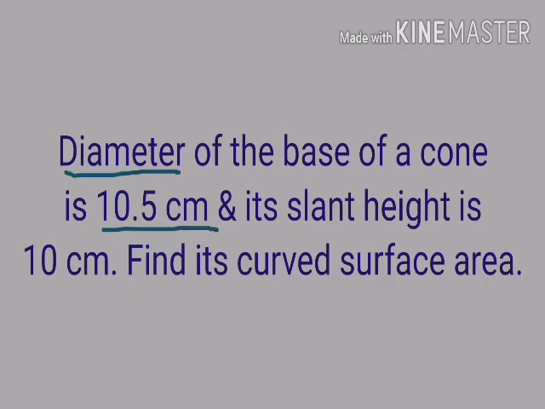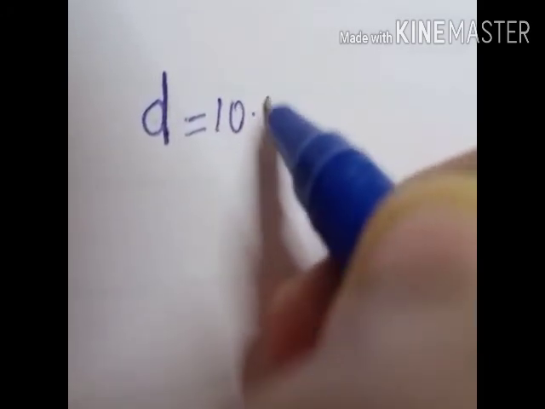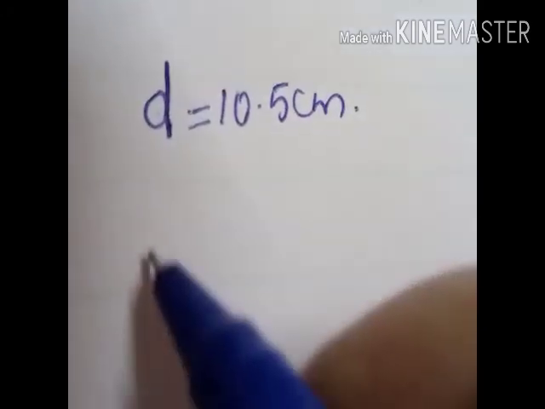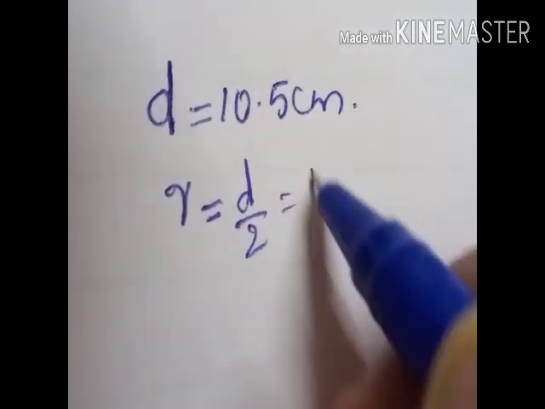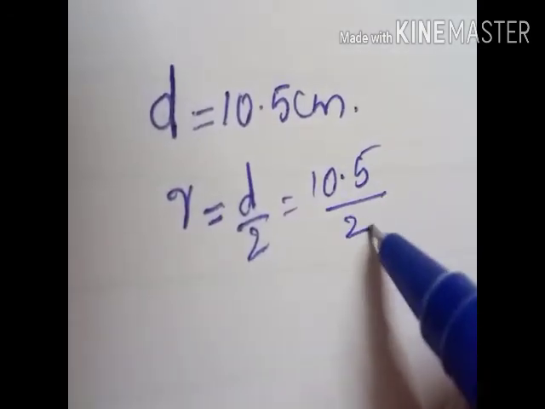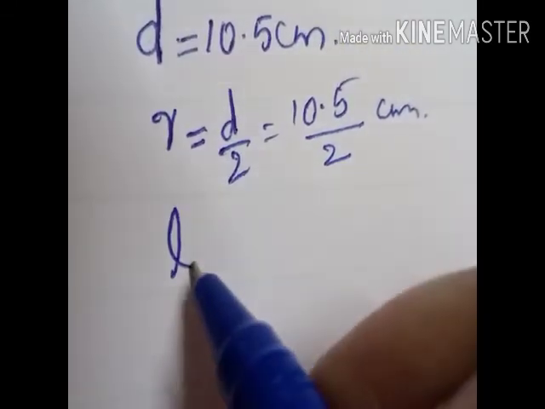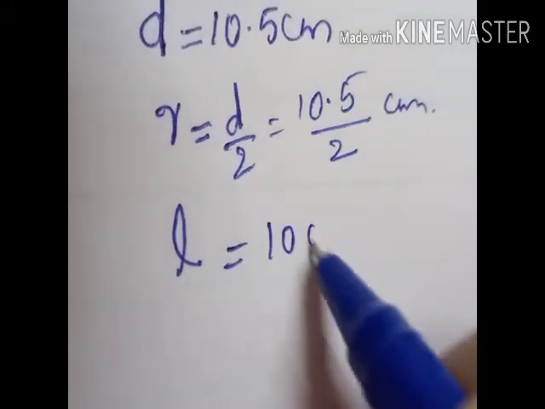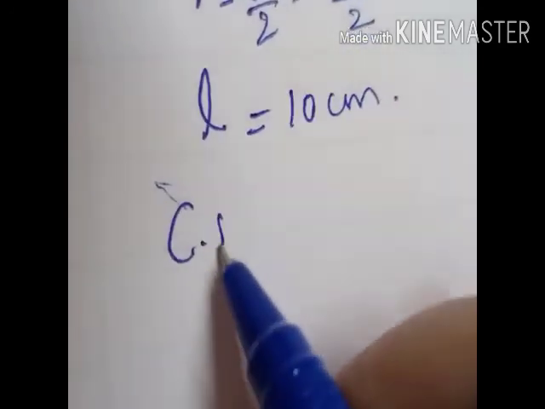Here diameter D is given as 10.5 centimeter. Then we have to find radius R, that is equal to D by 2, 10.5 by 2 centimeter. Then here slant height L is given as 10 centimeter. Then we have to find CSA.